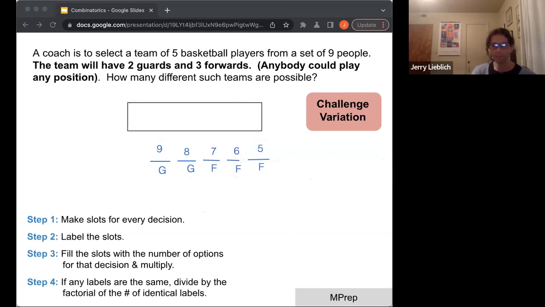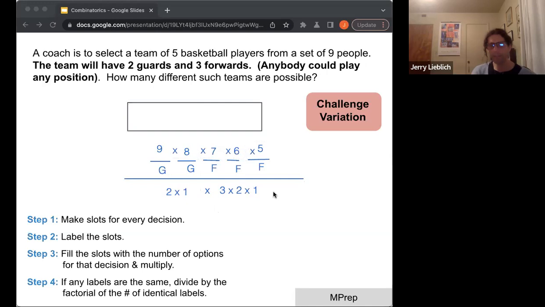And so far this looks the same. But of course, I notice I have repeated labels, so I'm going to divide. Question is, what do I divide by? Well, I have 2 guards, so I divide by 2 factorial. And I have 3 forwards, so I divide by 3 factorial. And I multiply those 2 together.